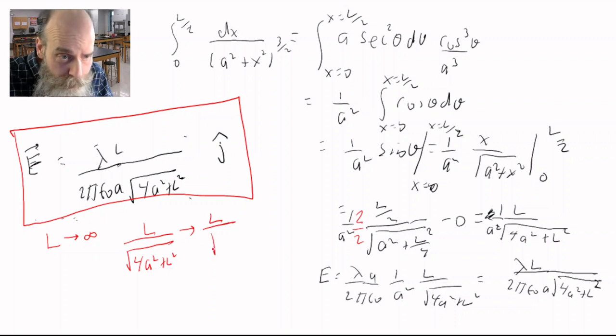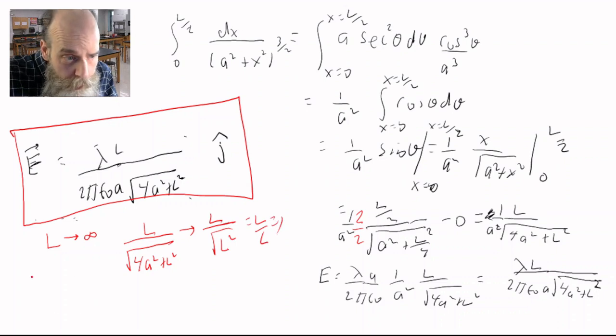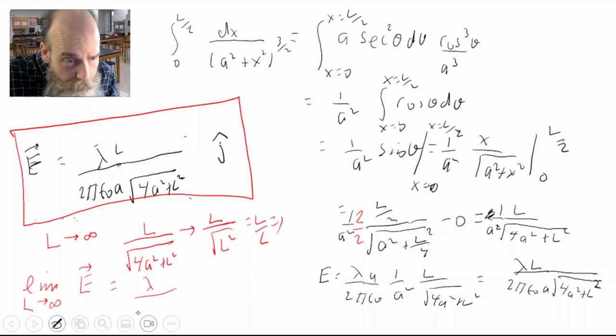It becomes L over square root L squared, which is L over L, which is just 1. So the limit as L goes to infinity of the electric field equals lambda over 2 pi epsilon 0 a, unit vector j.